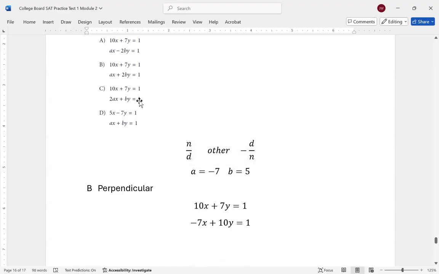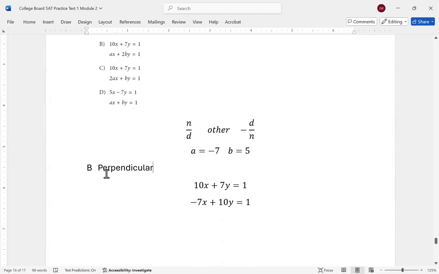If you want to be sure of this, you could also plug in -7 and 5 for option C. If you look at that, we get 10x plus 7y equals 1, and then -14x plus 5y equals 1.